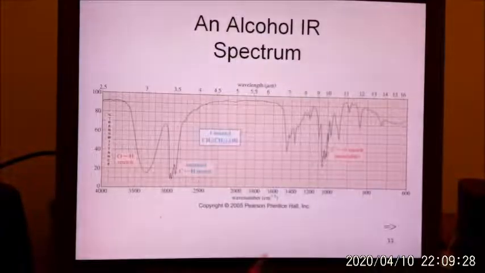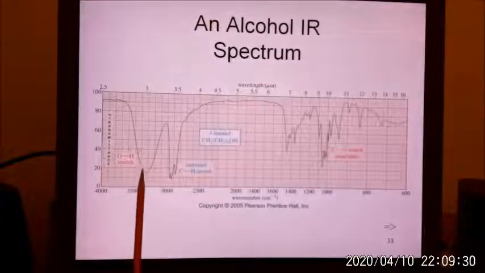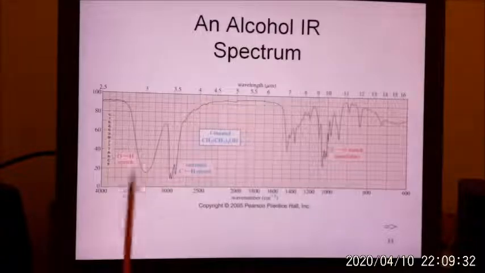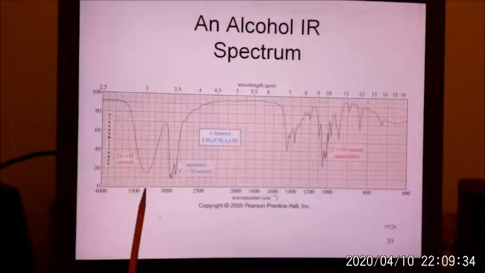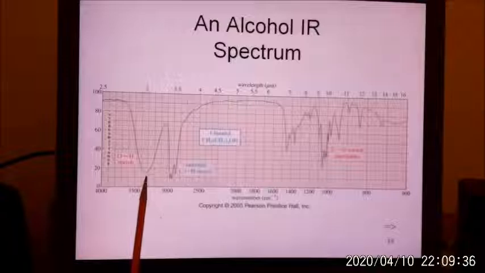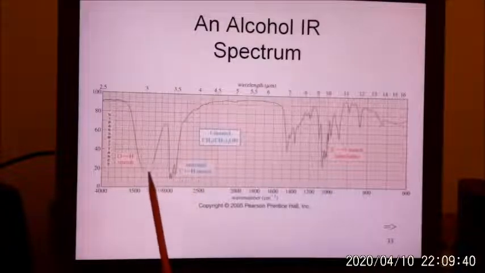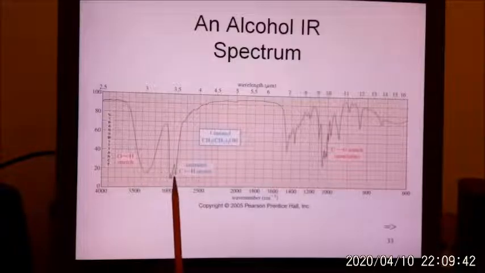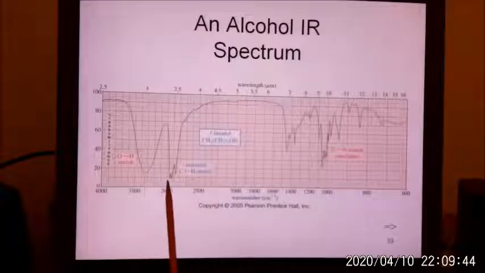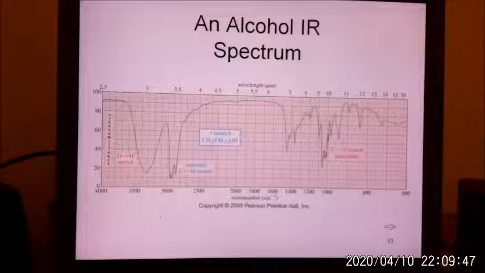Okay, so let's take a look at the alcohol. See, this is that nice broad peak, and this is occurring around 3300 or so. And I have alkyl groups. So from here I know I have alcohol, OH, and I know I have CH stretches from sp3.